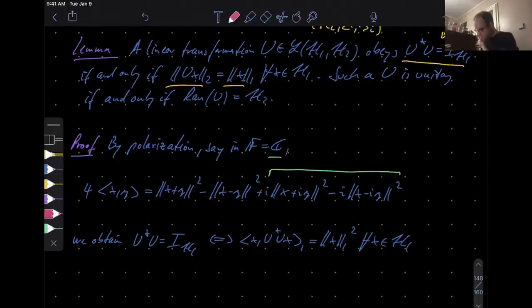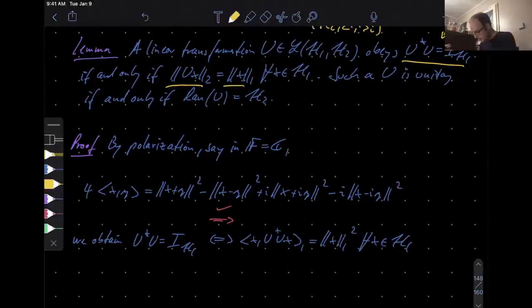There's an easy direction, right? If you assume that u star u is the identity, well then in this factor this would be the identity, and you're just writing the fact that the norm squared is the inner product of the vector with itself, right? So clearly this direction is true. That doesn't need much thought. Now the other direction, that's where you need the polarization.